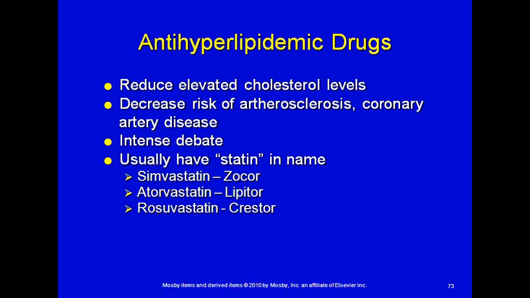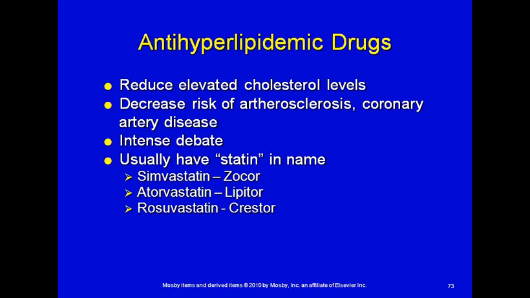Anti-hyperlipidemic drugs are used to reduce cholesterol levels, and the belief is that high cholesterol certainly is a cause of coronary artery disease, but it's not really understood if all patients with high cholesterol need to be on a statin or a medication to treat hyperlipidemia, or high lipid levels in the blood.